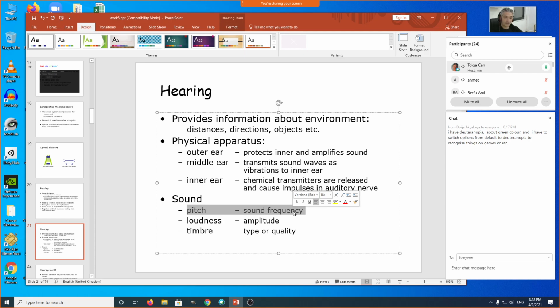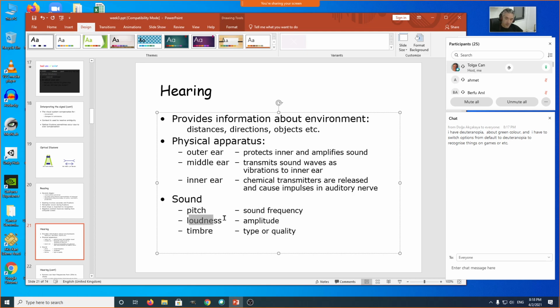If the interface is not customizable or the monitor is not customizable, this will result in difficulty when interacting with the interface or in a game. You need to switch this default to deuteranopia, and if the operating system provides that switch, that's a really good thing, and it allows you to compensate for this condition.